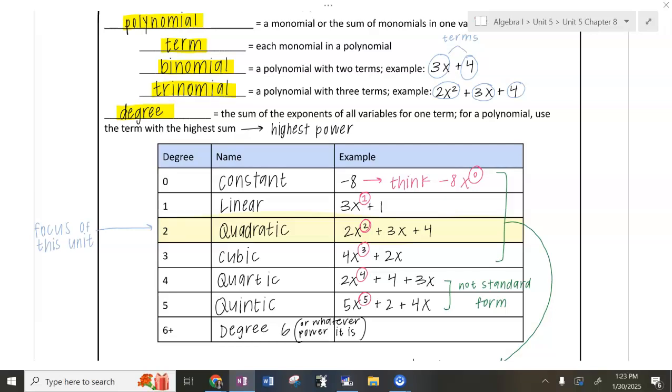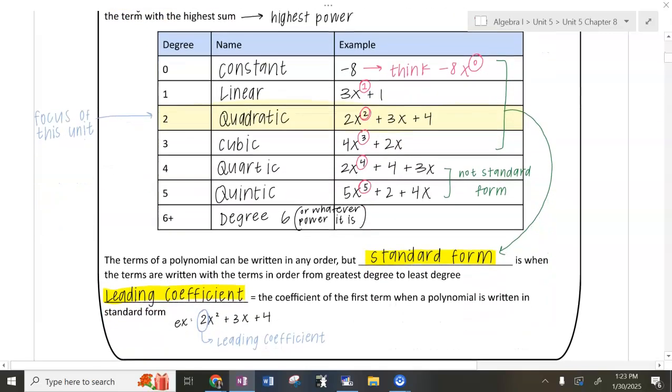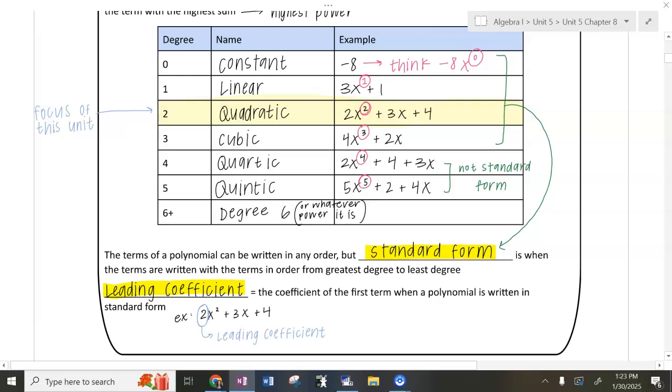All of these examples that I showed you for constant, linear, quadratic, cubic, those are all called standard form. Whereas quartic and quintic, those are not in standard form. Let's talk about what standard form means. Standard form is how you have to write a polynomial when you put the terms in order from the greatest power down to the least power.